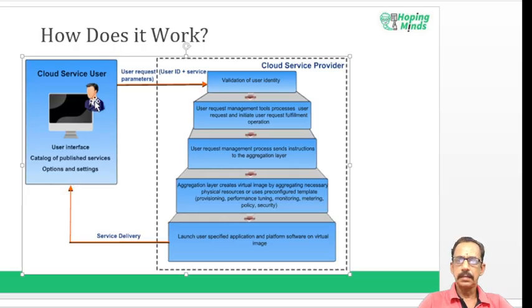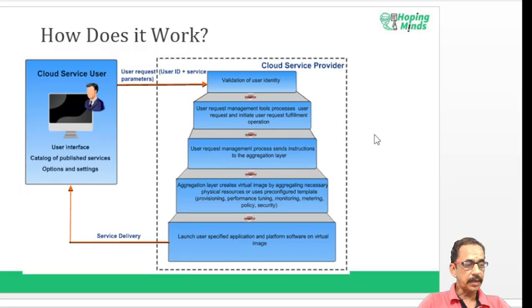I'm taking a very simple example as a Gmail user. If you are a normal user, you get 15 GB of space automatically. But when you log in here and purchase more space, say 1 TB more, then whenever you log in next time, it again validates your identity, checks the internal database for which particular service you are eligible, and delivers the service.